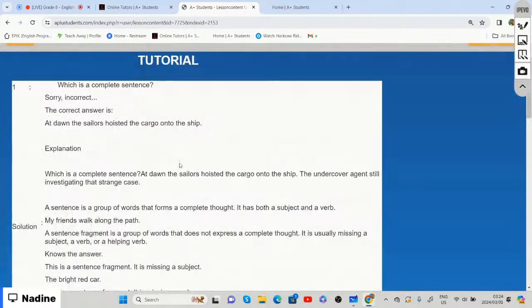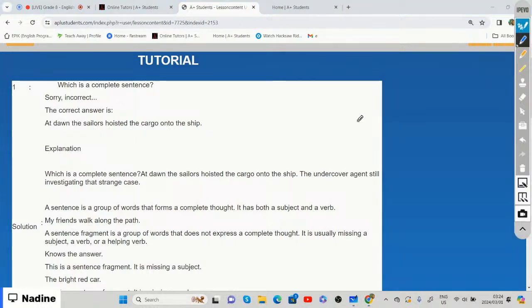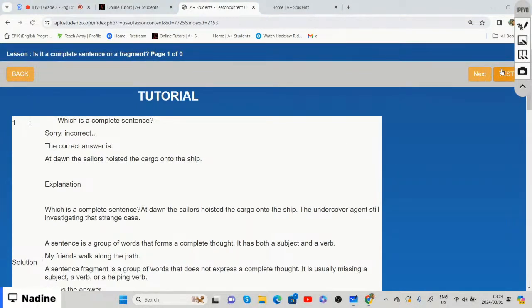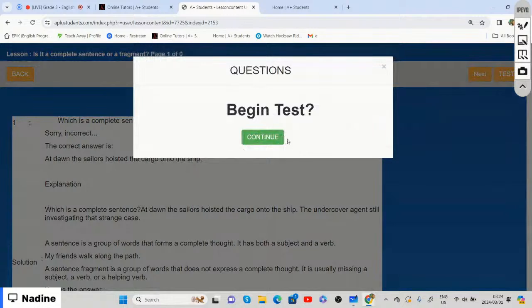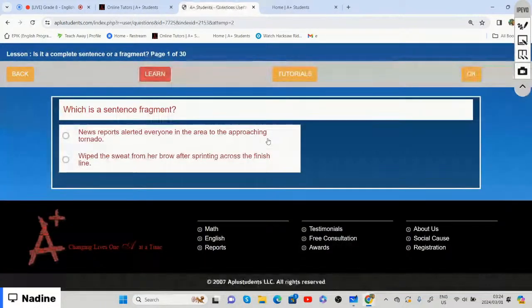Now we're going to our test. Which is a sentence fragment? We need to select a sentence fragment, and we say the sentence fragment does not express a complete thought. It's either missing a subject, a verb, or a helping verb.